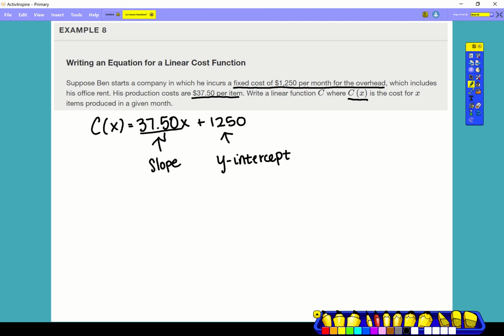And your y-intercept you can think of as, this is what it would look like. This is $12.50. So this would be your fixed cost, your base cost, your cost of doing business, even if you sell nothing.